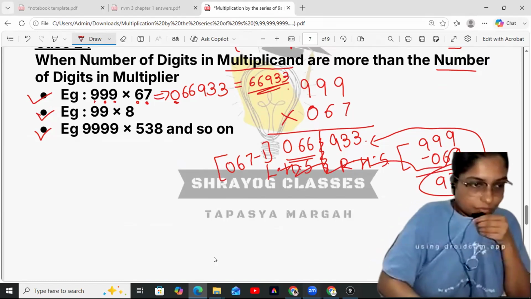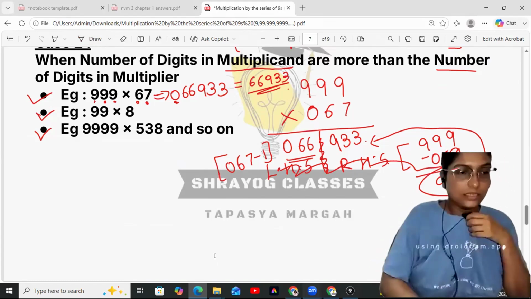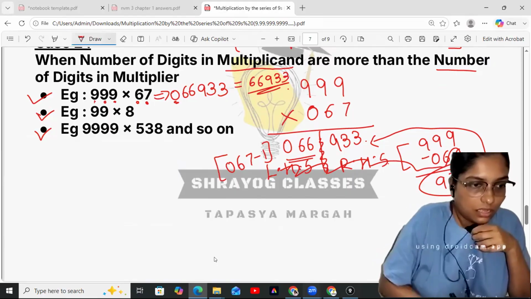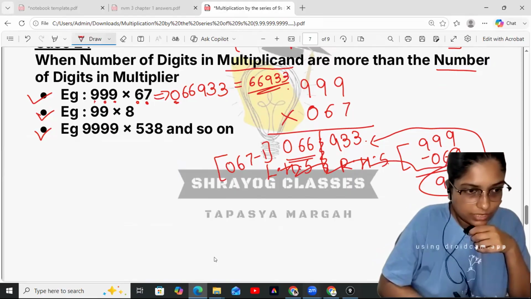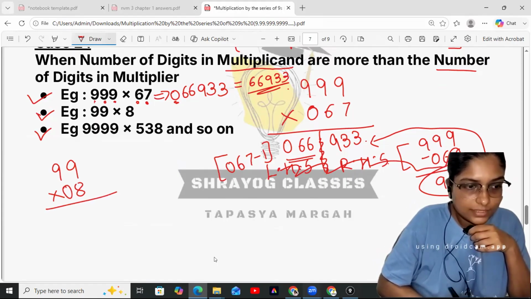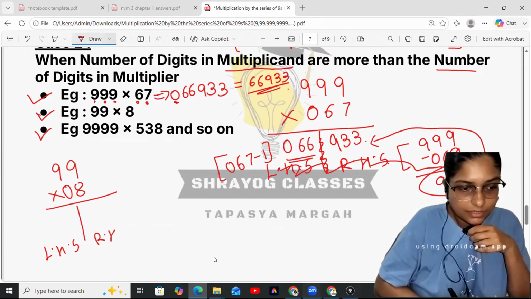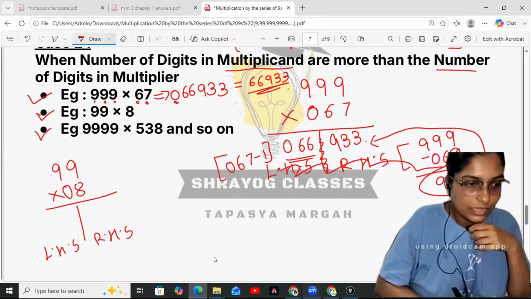Now let us understand how to do example 2. 99 multiplied by 8. Here there is no tens digit, so I'll write 0. Again, partition, left hand side, right hand side. I get 0, 7.